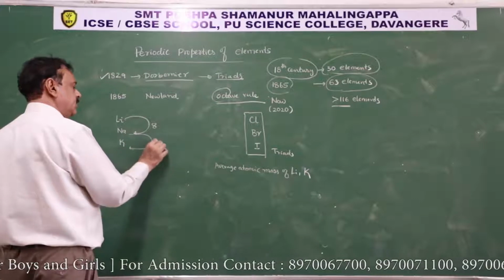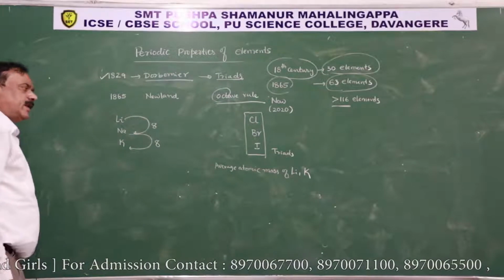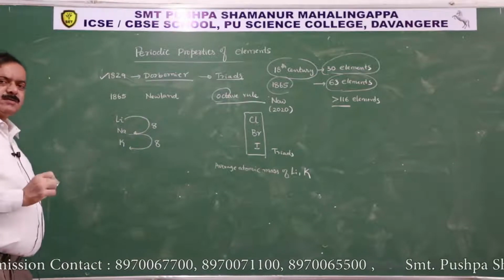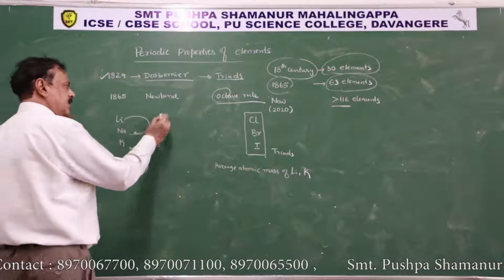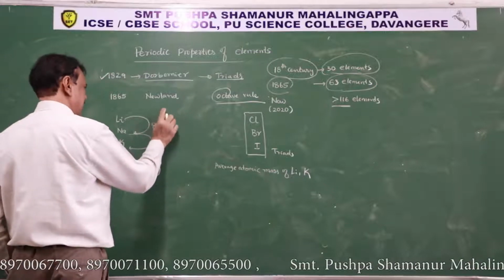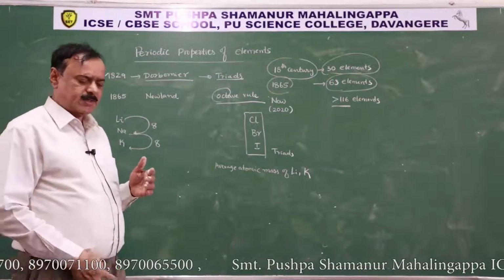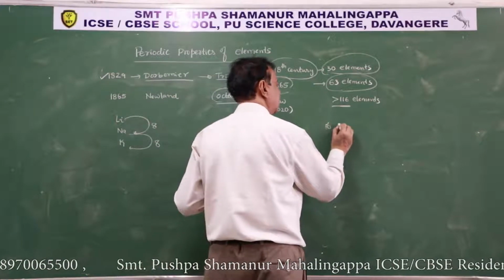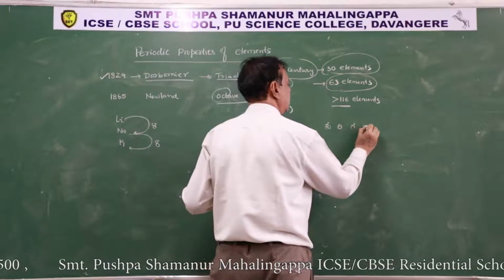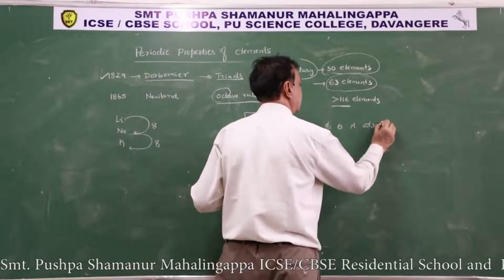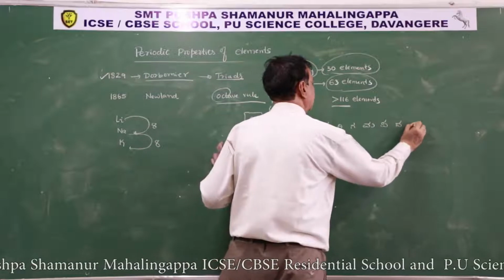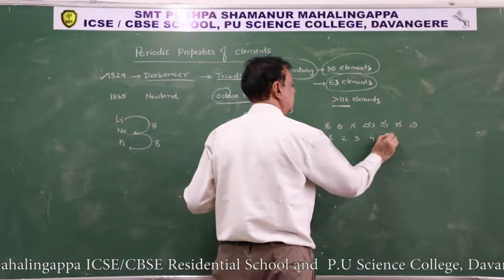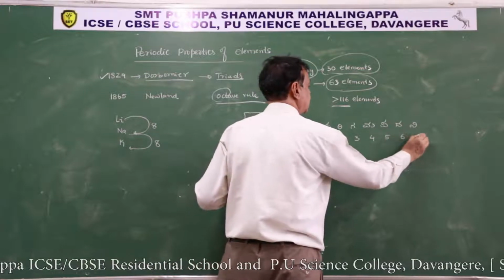Then after sodium, 8 different elements later, potassium repeats. Like Sa Ri Ga Ma Pa Da Ni, that is the 7th, then the 8th repeats. This is first, second, third, fourth, fifth, sixth, seventh.